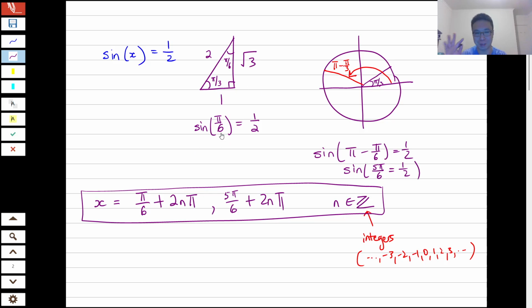Okay, so pi on 6 and 5 pi on 6. The only thing that's different after that point is you add 2n pi. Okay, apologies for the error. But notice how we picked it up. That's a skill that we need as Methods students as well.